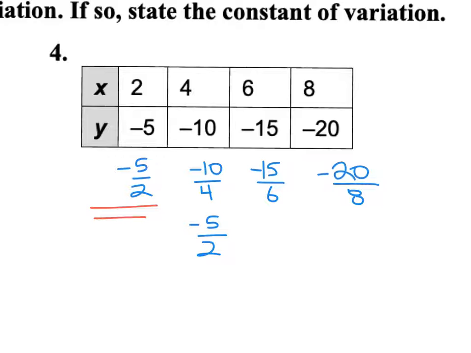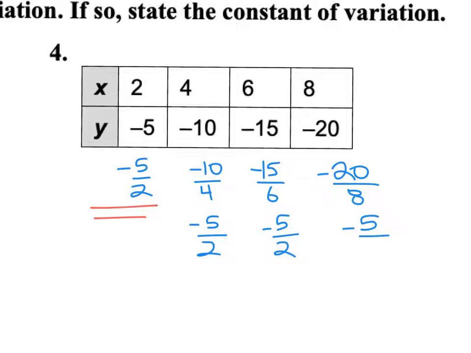Negative 15 over 6 also simplifies to negative 5 over 2 because I can divide 15 and 6 by 3 over 3. And negative 20 over 8 also simplifies, because I can divide 20 and 8 by 4. Actually, I miswrote that.